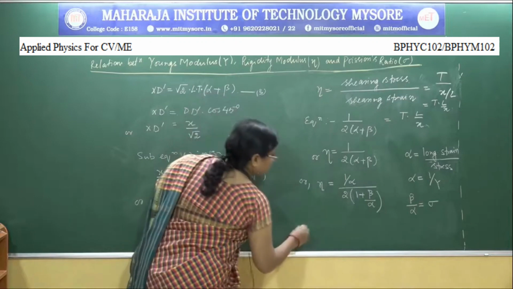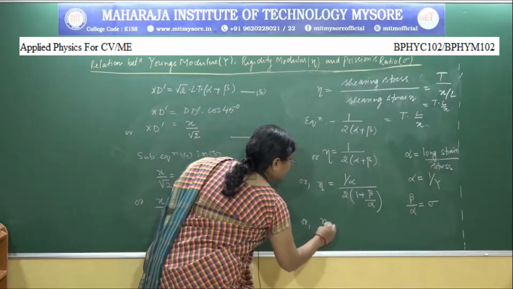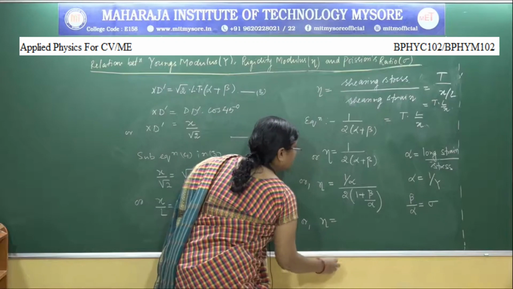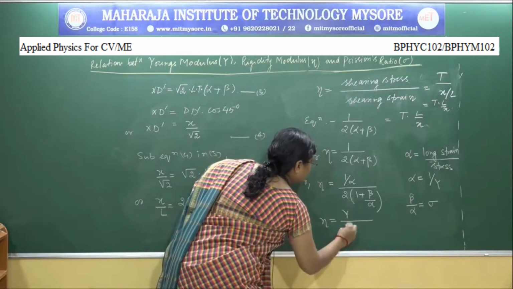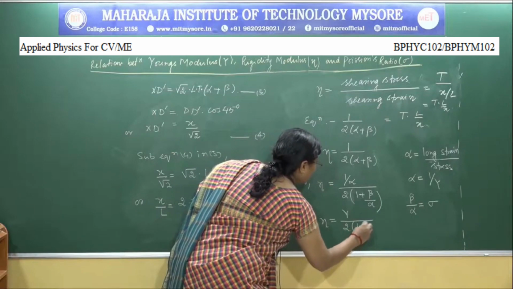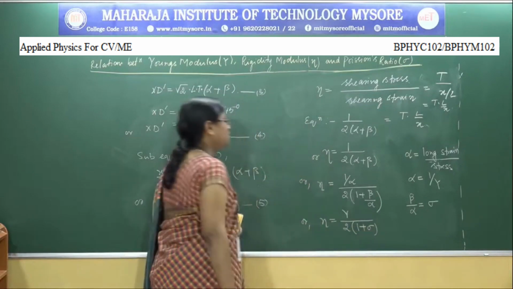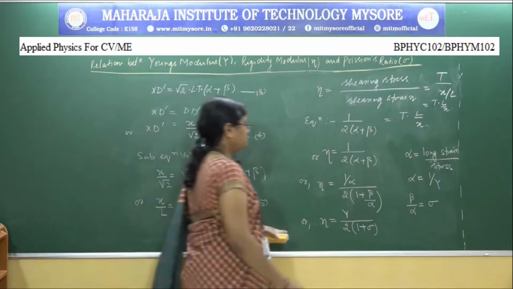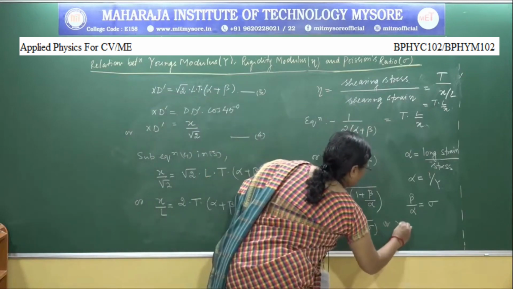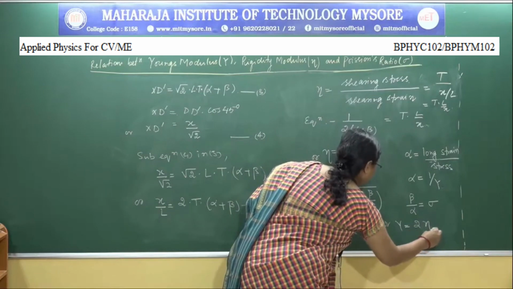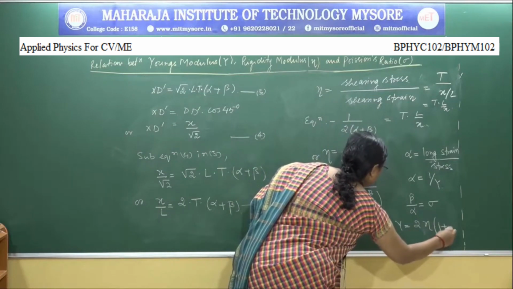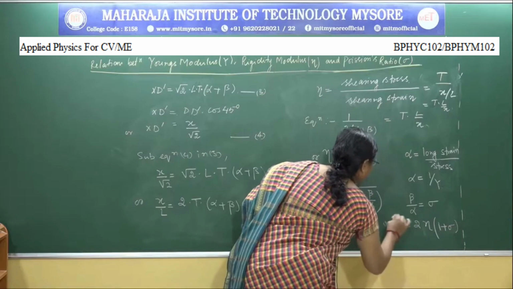If we substitute those two values, we get eta is equal to Y divided by 2 into 1 plus sigma, or Y is equal to 2 eta into 1 plus sigma.